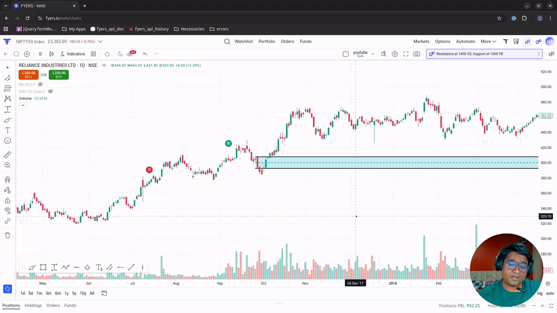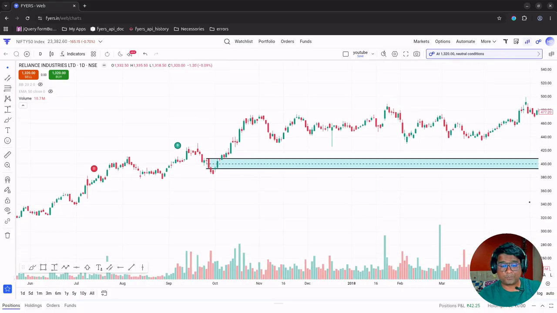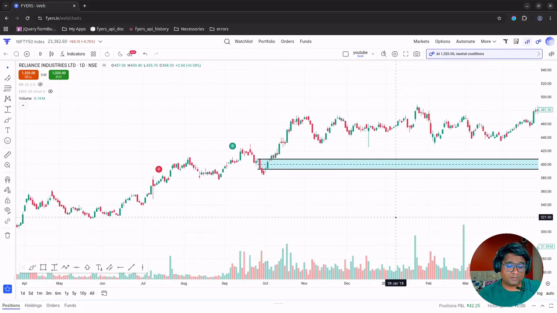So this here is what I want to tell you. It does not matter whether the candle is red or green. A red candle does not necessarily mean the price will break below this range, and a green candle does not necessarily mean the price will break above this range. Absolutely not.